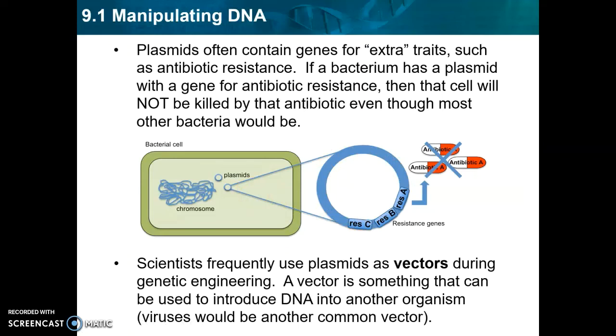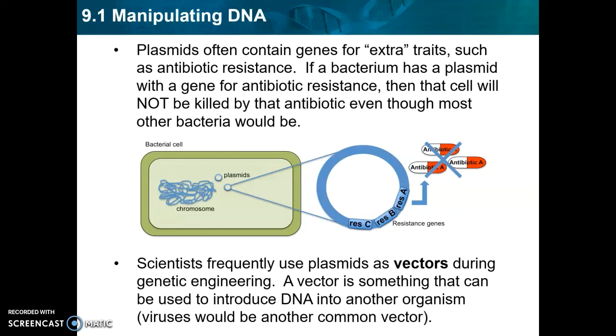And that's really helpful in genetic engineering because most of the time you want to kill all of the contaminating bacteria that are just floating around in the air, and you only want the bacteria to survive that have your plasmid in it. Having that antibiotic resistance allows your bacteria to survive when the plasmid is placed inside of it.